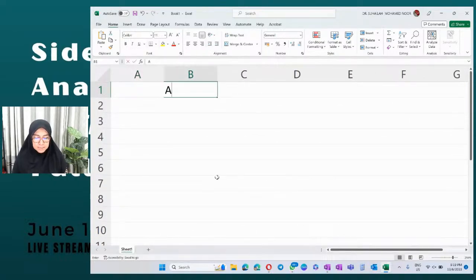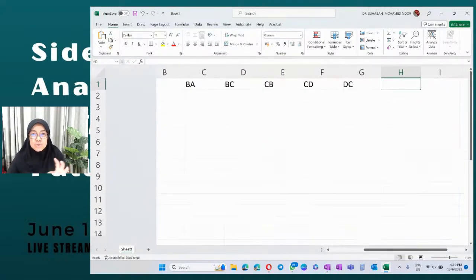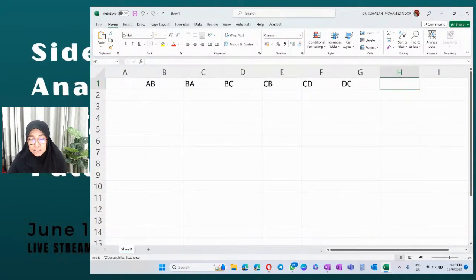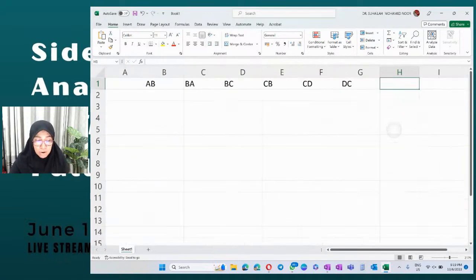I list the members again, and moment again: AB, BA, BC, CB, CD, DC. You do it manually because we don't have enough time. So I use Excel to find the value, and you just do it manually for checking later on.